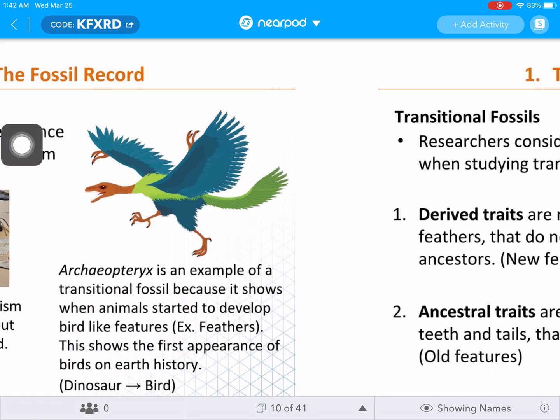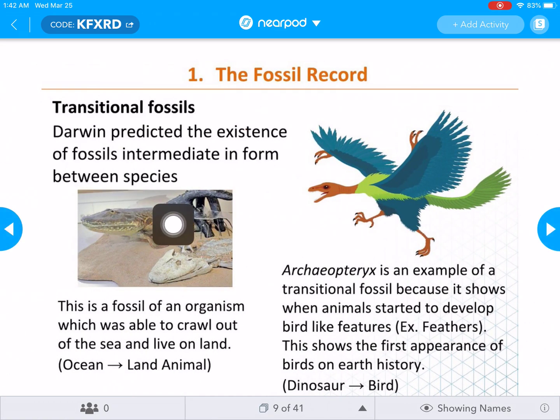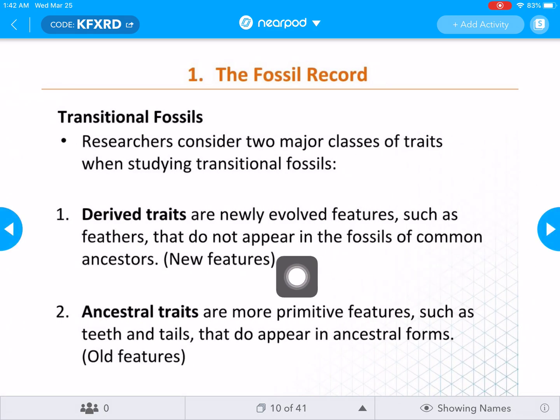So if I look over here, the derived trait might be these little arms, that this is new, no other fish had them, and this is what allowed this fish to crawl out of the ocean, while all the other ones stayed inside. And this right here, its derived trait are its feathers. This is what distinguishes this organism from all other dinosaurs. All right, so those are derived traits.